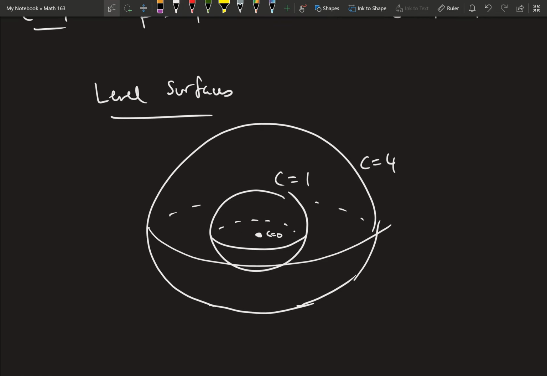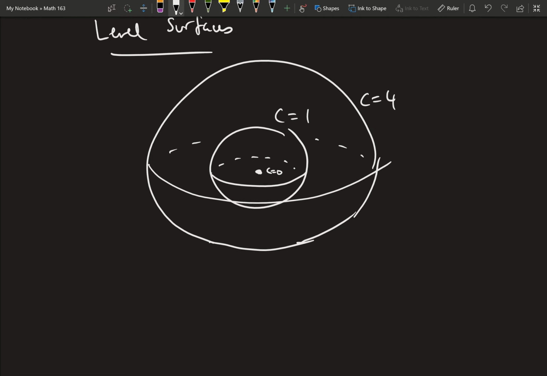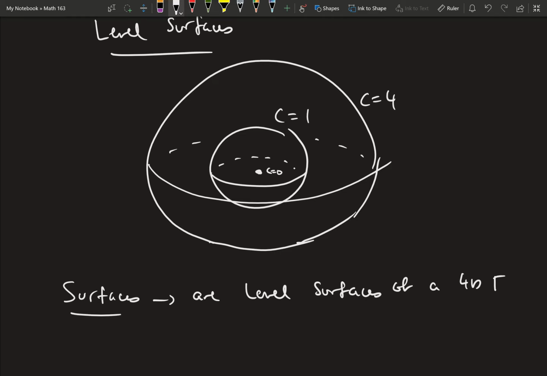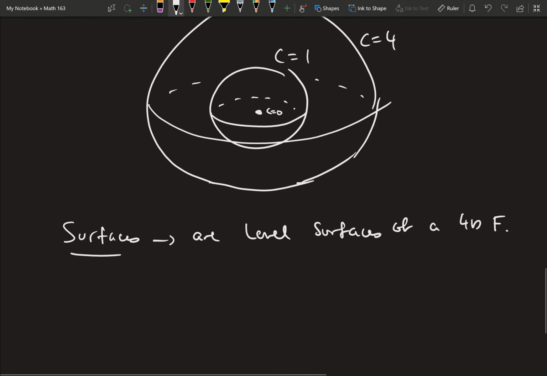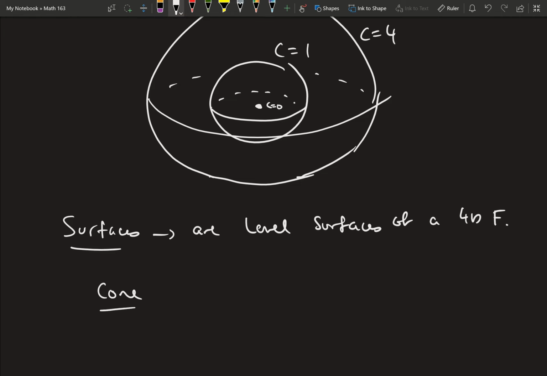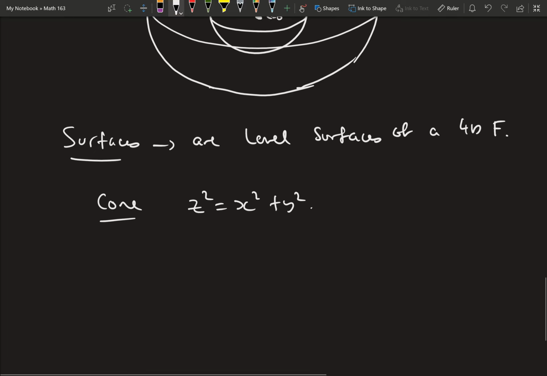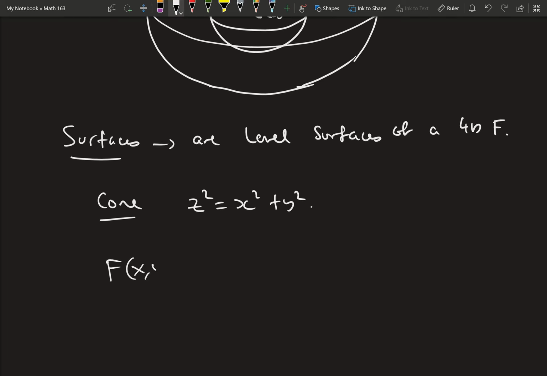Now you say, okay, well, what is the use for that in R3? Because we're concerned with 3-dimensional coordinates. Well, a lot of surfaces that we consider are level surfaces of, I'll just call it a 4-dimensional function, capital F. So for example, if I wanted the full cone, which is z squared equals x squared plus y squared, I can't write that as a function, but what I can do is say, okay, here's capital F of x, y, z, which is x squared plus y squared minus z squared.